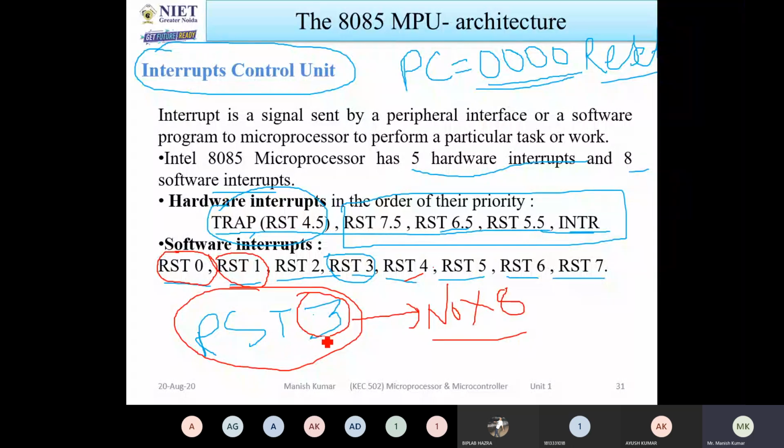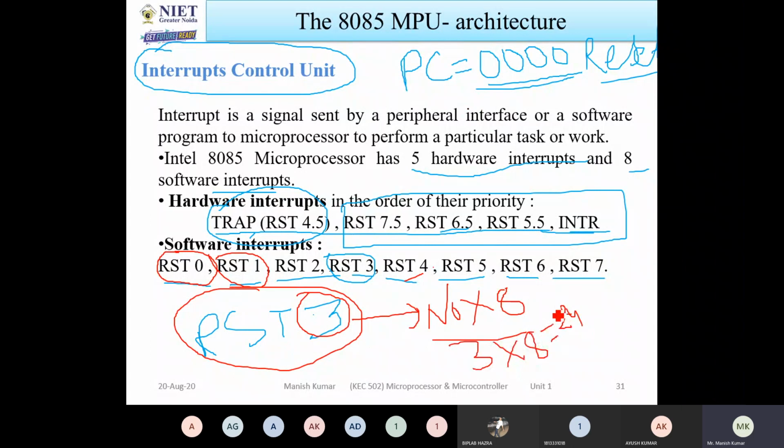Okay, now let us consider RST3. When RST3 is applied, what will happen? Corresponding to the RST3 vector address, the program counter will go there. So what is the address? What is the number? Number is 3. You have to multiply by 8. You are getting 24. So this is a decimal number.